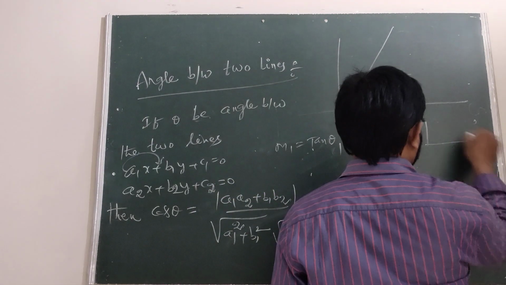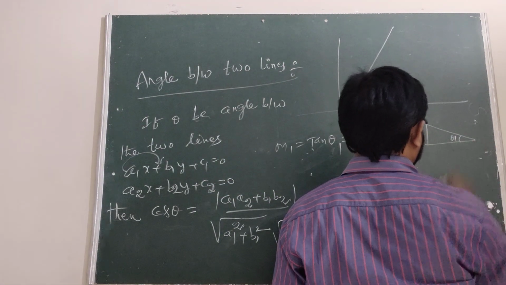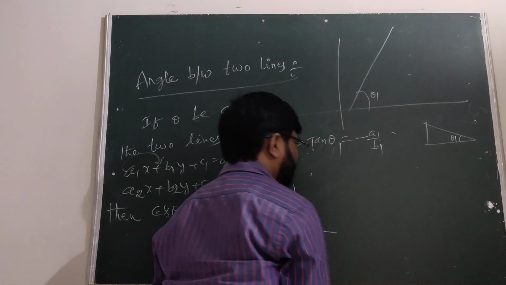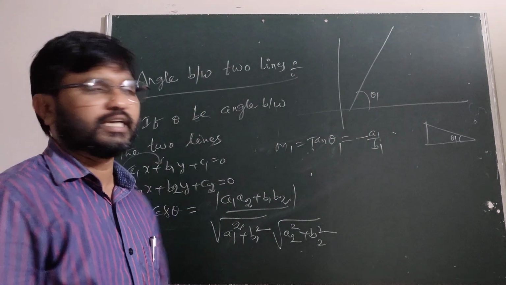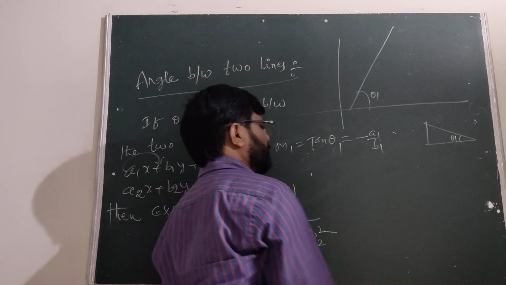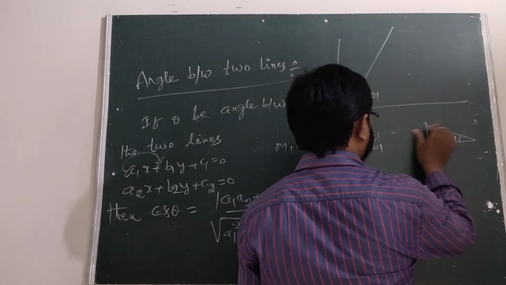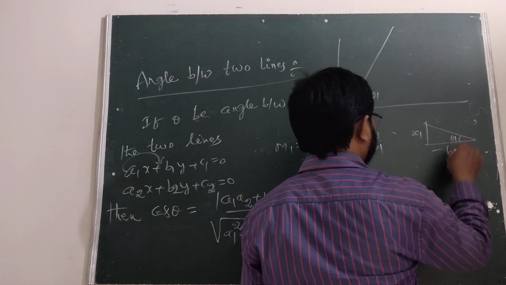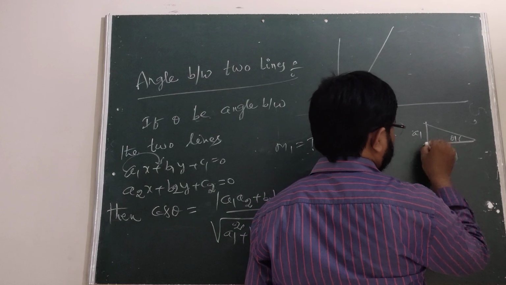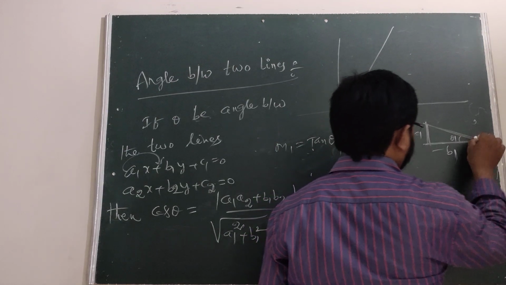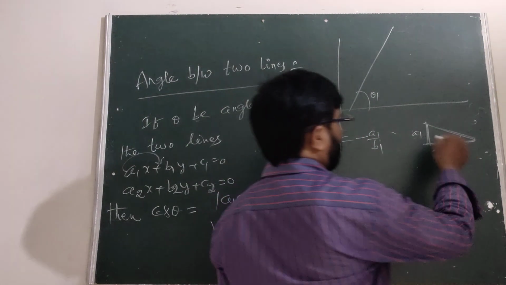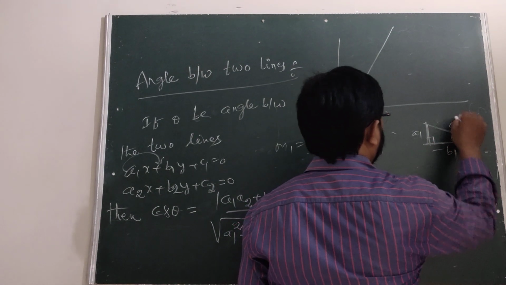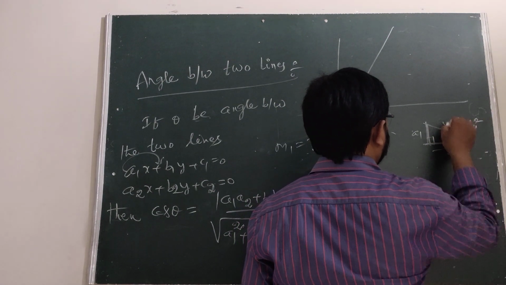Now we are taking theta 1. Therefore, tan theta is the opposite side by adjacent side. Opposite side is a1. Adjacent side is b1, since this is the negative x-axis. Therefore, the hypotenuse is root of a1 square plus b1 square.